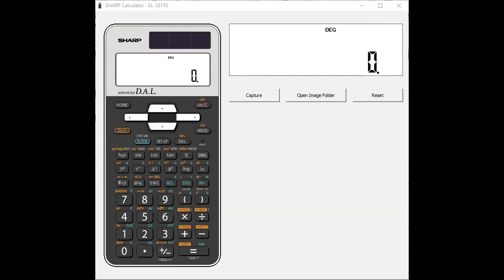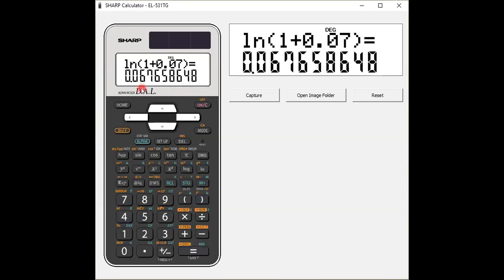If unfortunately we have different calculators, it will be tricky, but I'm working with a Sharp right here. So to get the domestic continuous risk-free rate for the US dollar, you press ln, then open bracket, 1 plus 0.07, close bracket, and then you press equal to, and you get 0.06766, or 0.0677, at least 4 decimal places when you're rounding off.